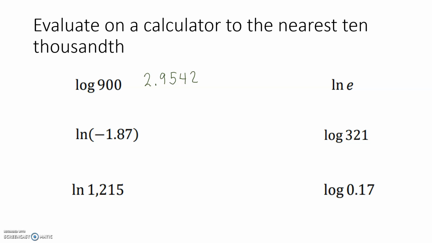And then this one I don't need a calculator for because the base is e, the answer is e, so this would be 1. But I could also type that onto my calculator using the ln button. Go ahead and pause and try these ones out, and then you can check your answers in a moment. But pause the video now so you can check your work.